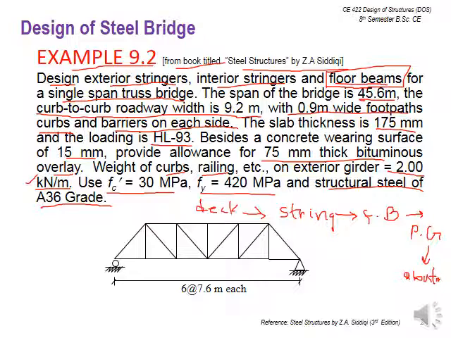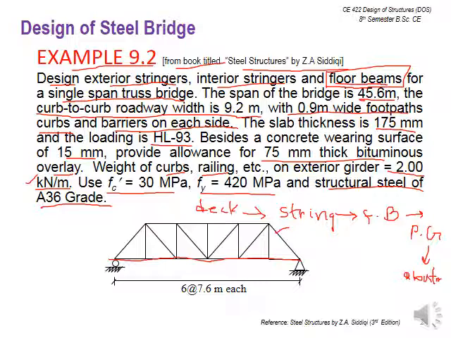Here it gives you only a single span bridge. Why am I saying plate girder bridge? Because for your course and syllabus, for your final term, we are not discussing the design of the truss as the main supporting element.